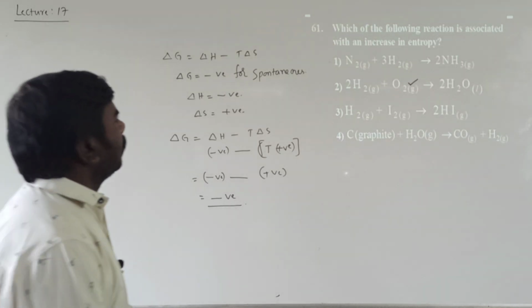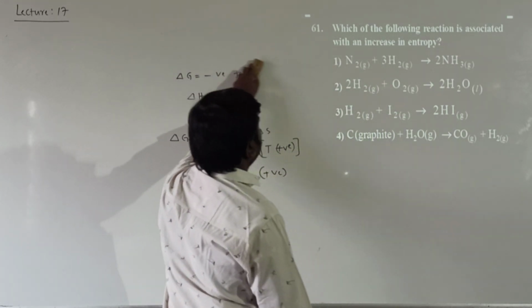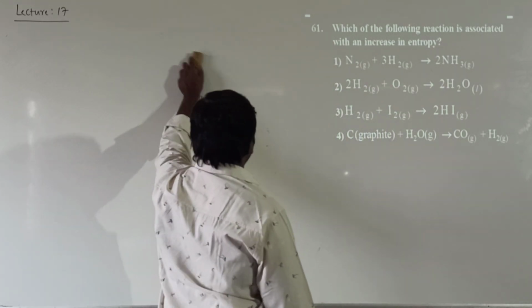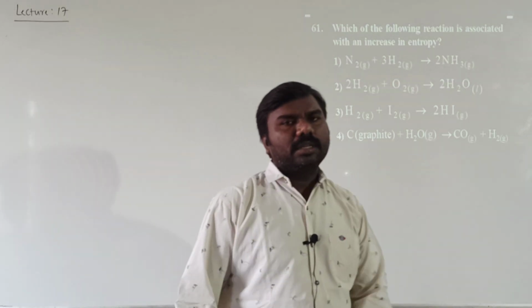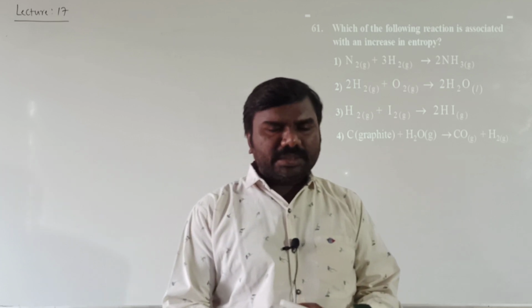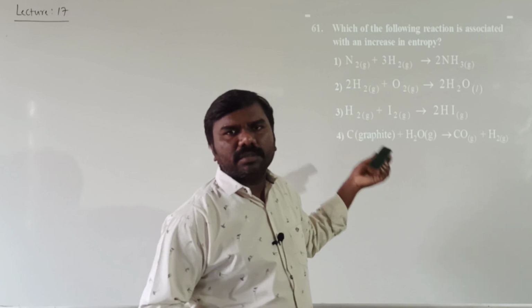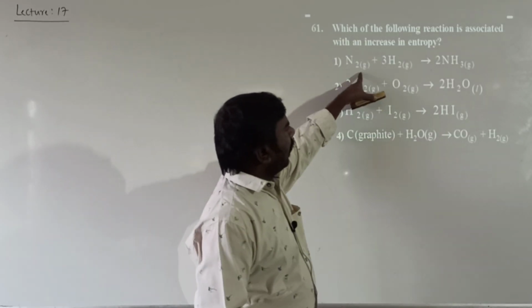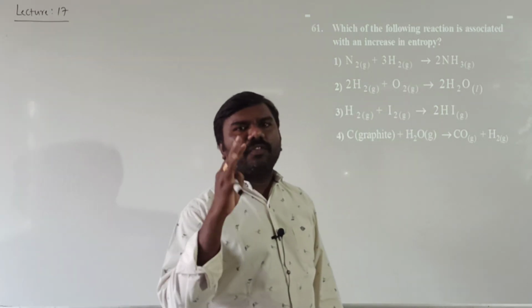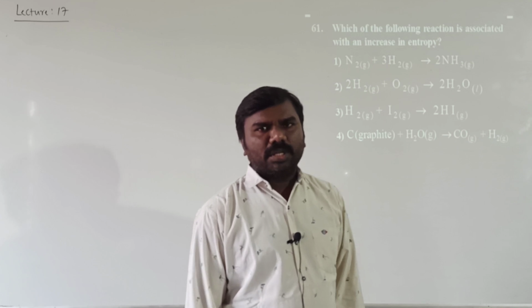After this, which of the following reactions is associated with an increase in entropy? Entropy means randomness or disorder. More randomness or more disorder is present in which of the following equations? So here, there are 4 gases, 1 nitrogen and 3 hydrogen gaseous molecules.